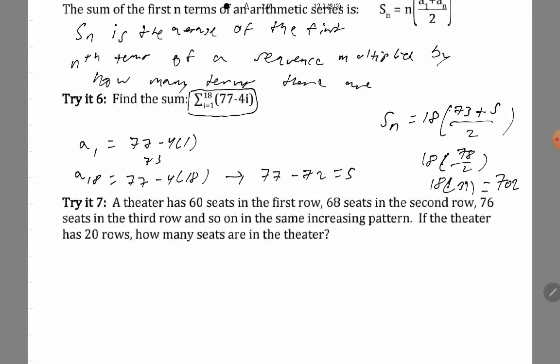Let's use a word problem. A theater has 60 seats in the first row, 68 seats in the second row, 76 seats in the third row, and so on in the same increasing pattern. If the theater has 20 rows, how many seats are there in the theater?